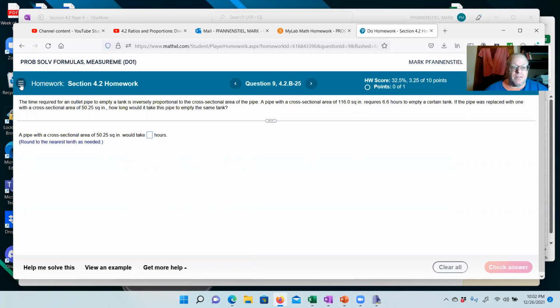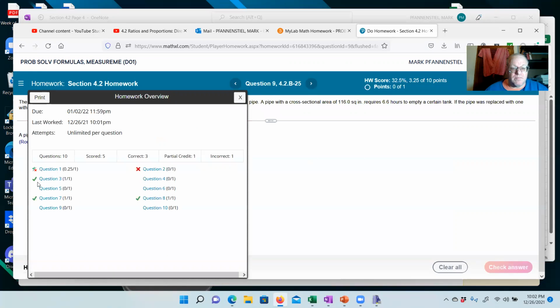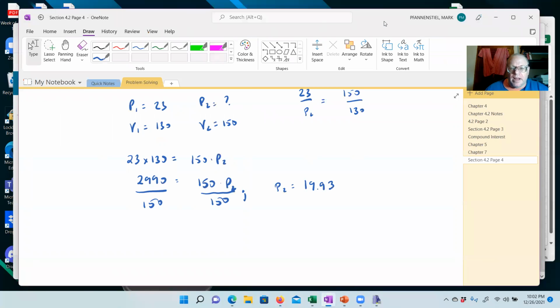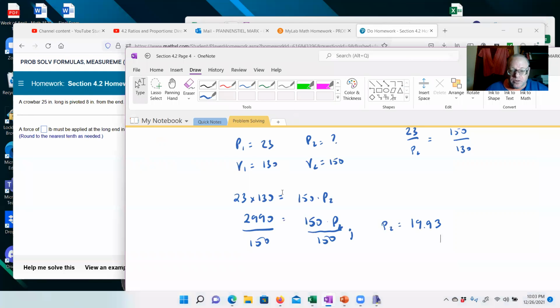So what happens if we look at something like number 4? A crowbar, where we're looking at torque. If you've worked on cars at all, or done any high school physics maybe, the units for torque are foot-pounds.